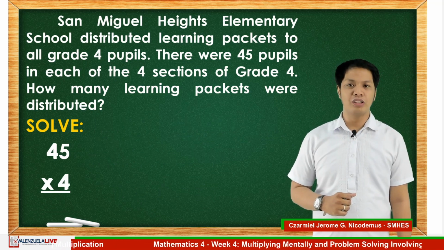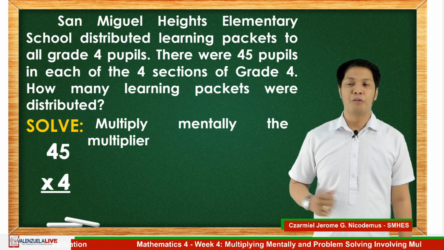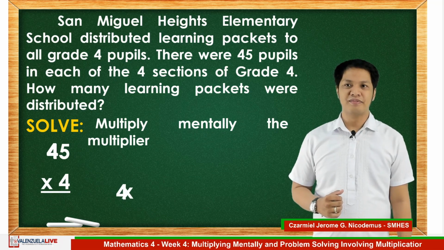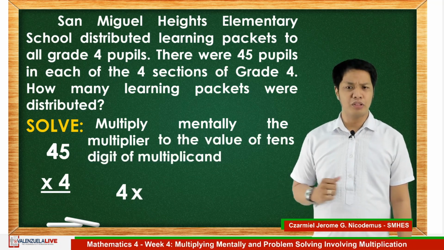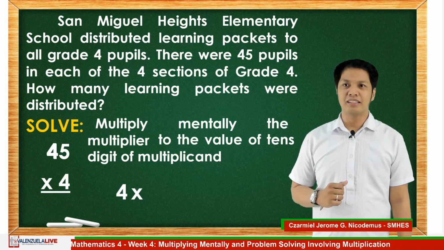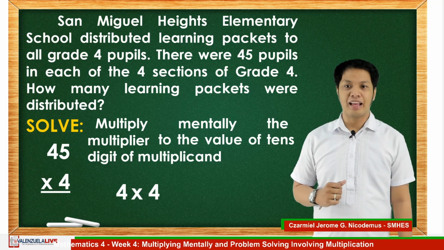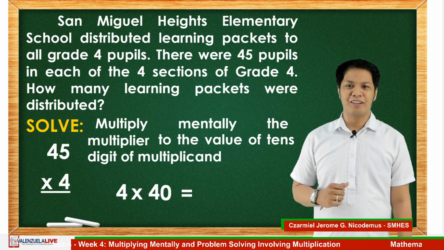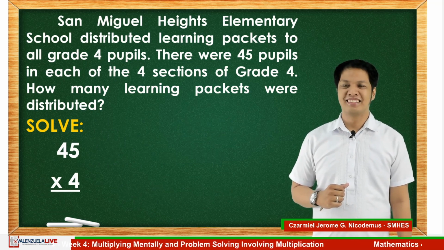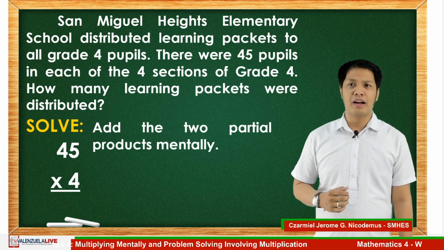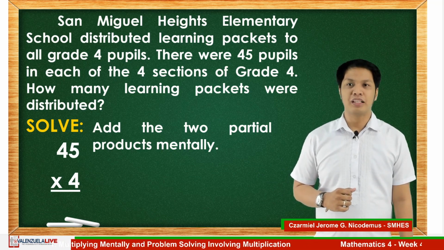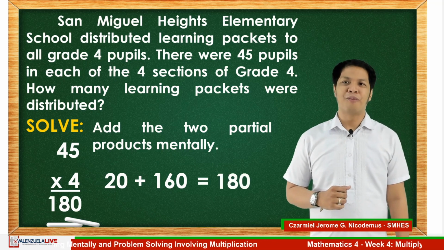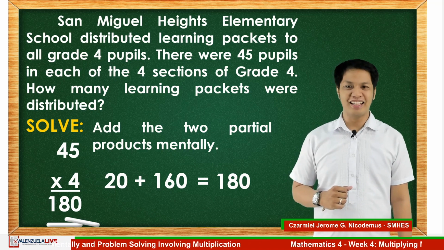The next step is to multiply mentally the multiplier, which is again 4, times the value of ten's digit of multiplicand. This time, it is 4, and the value of ten's digit is 40. 4 times 40 is equal to 160. Add the two partial products mentally. 20 plus 160 is equal to 180. Therefore, 45 times 4 is equal to 180.